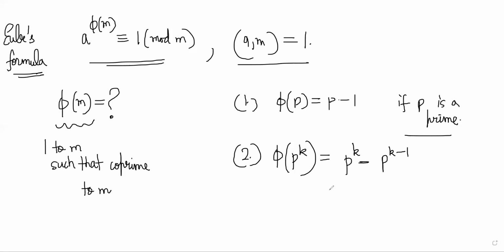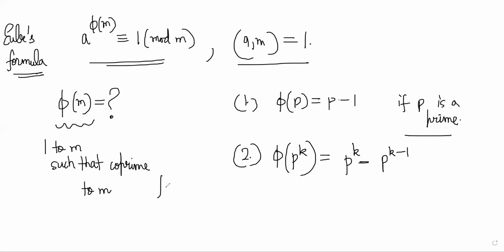So we cancel out like p to the power of 2, p to the power of 3, and so on. So basically, phi of p power k: when is a number a not relatively prime to p power k?